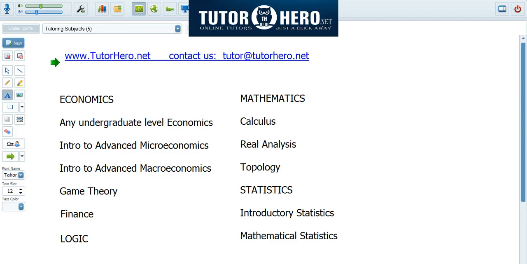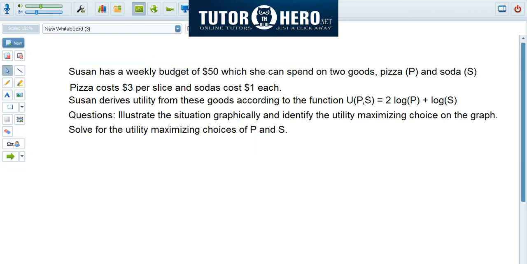Okay, so today we're going to be working on a problem that could come from an intermediate micro class. Actually, it's adapted from a problem from an intermediate micro class. This problem is what we call consumer optimization. So we're going to have a consumer. This person is going to have a certain amount of money to spend, and they're going to have some things to spend it on.